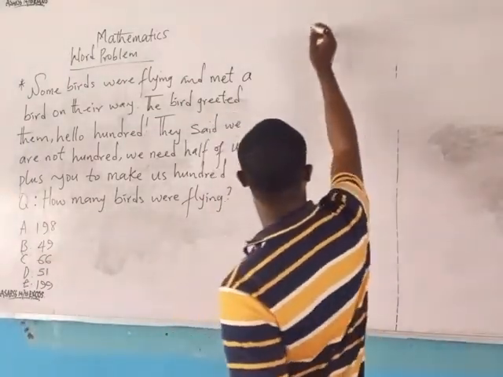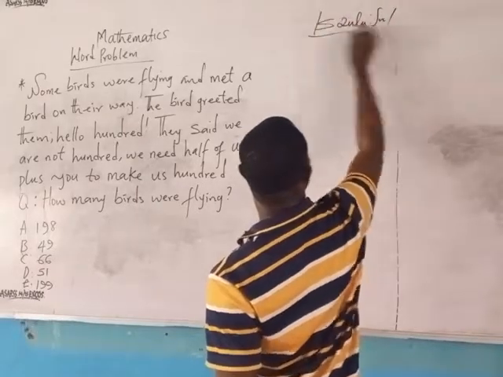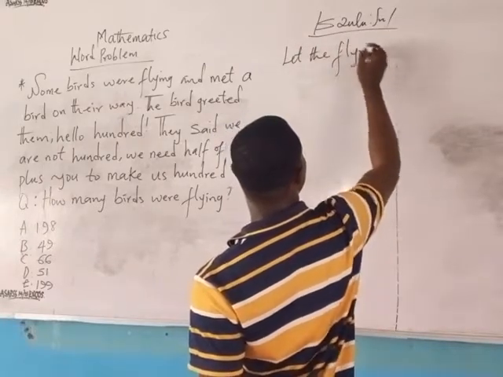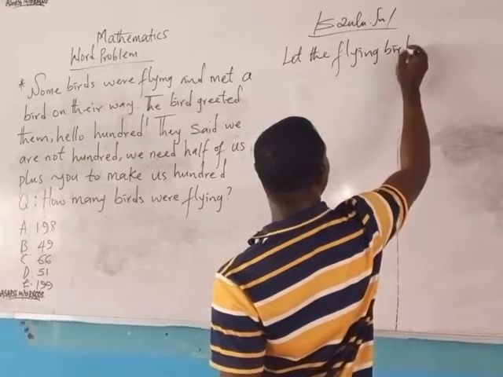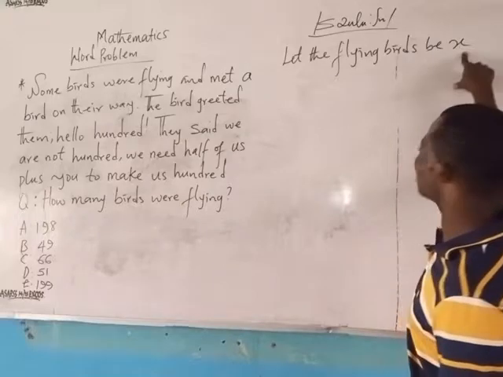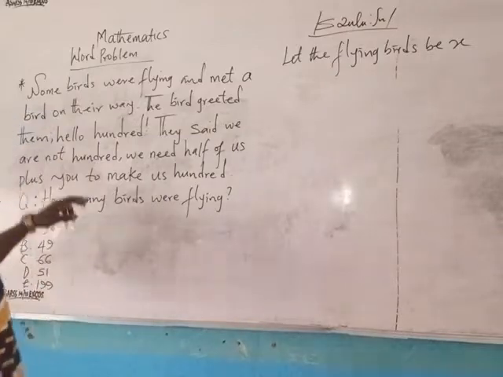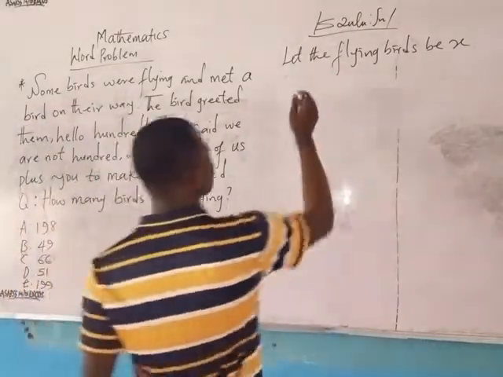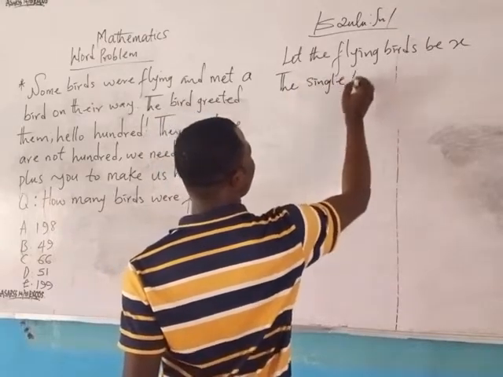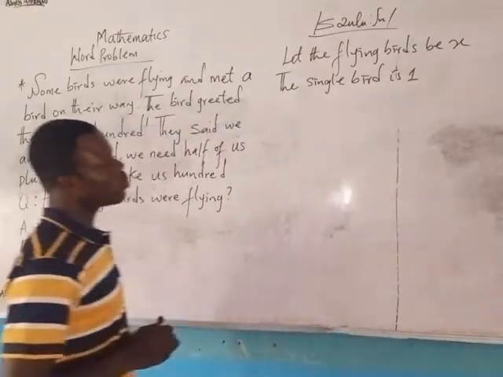Number 1, let the flying birds be X. The single bird is 1.